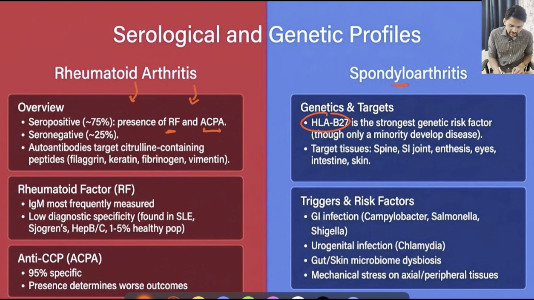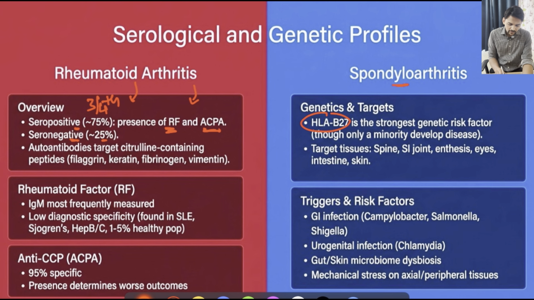First of all, rheumatoid arthritis, if there is presence of these autoantibodies, we will call it seropositive rheumatoid arthritis, which is commonly seen in about 3/4 of rheumatoid arthritis patients. Whereas the other 1/4, about 25% of the rheumatoid arthritis patients might not be having rheumatoid factor or these autoantibodies. So they are called seronegative.